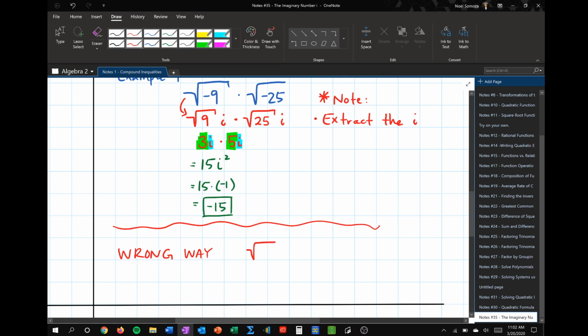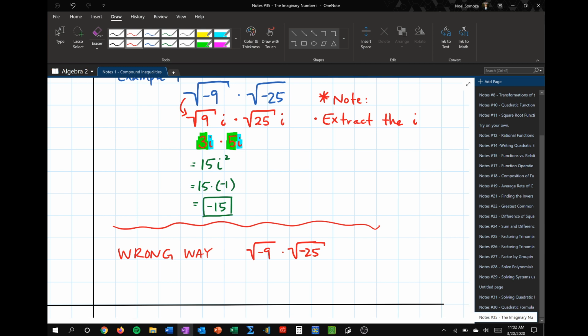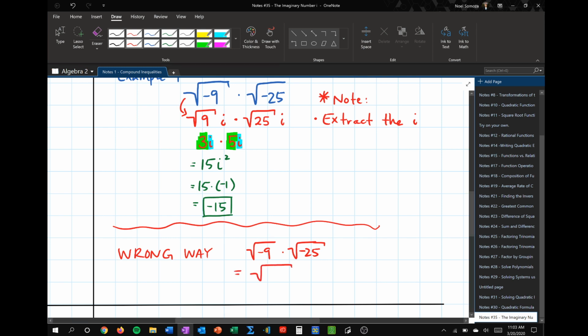Let's say you would have started by saying, okay, I know that the square root of -9 times the square root of -25, I know that I can multiply the numbers together on the inside. Supposedly. Well, when I do that, I get the square root of negative times negative, that's a positive. So it becomes positive 225.